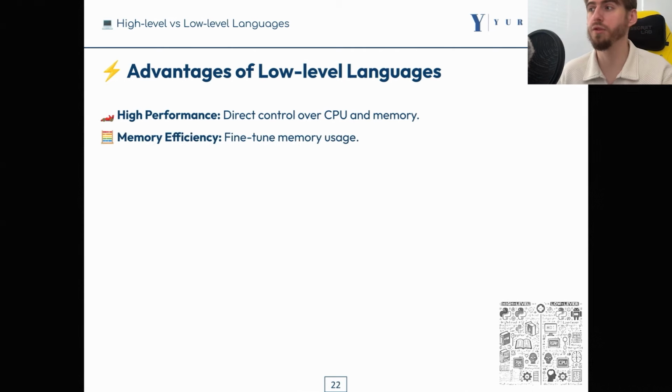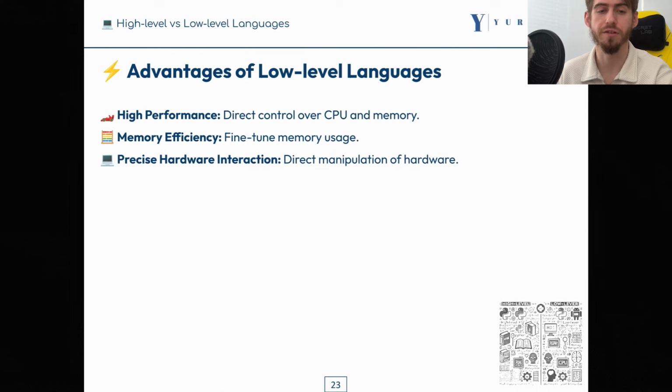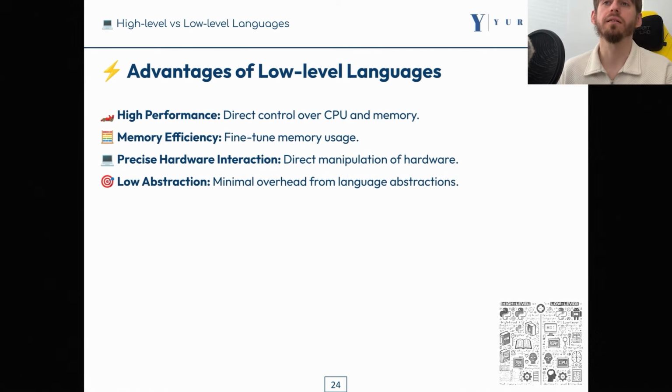And now we come to the point that it is memory efficient. By the way we manage memory, we can make sure it's not taking too many memory resources. It also allows us to directly interact with hardware components, and it lets us work with low abstraction, so we don't hide basic principles behind something abstract, we can work with them directly.